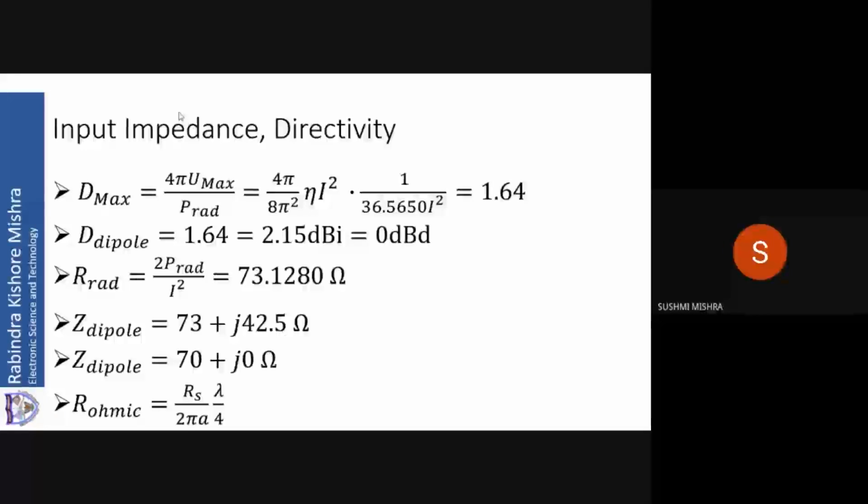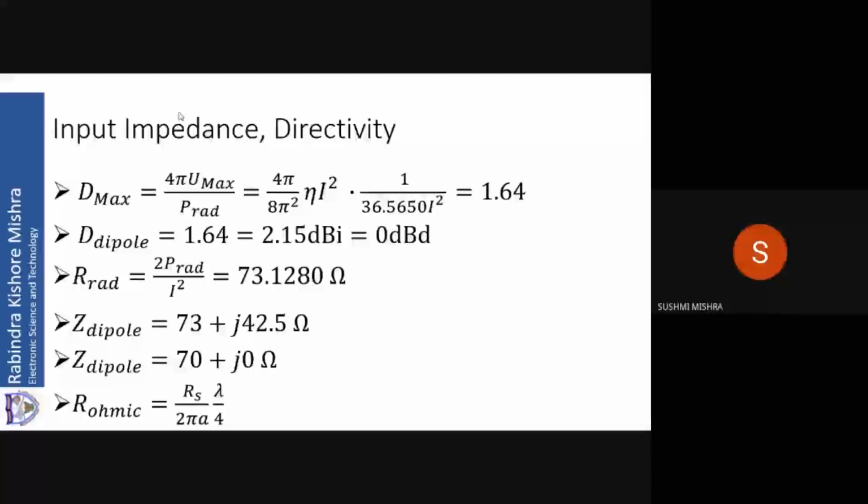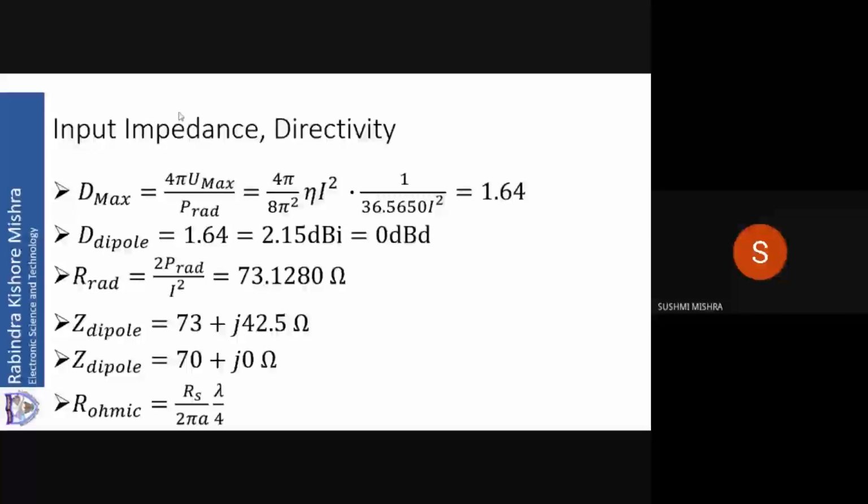So R ohmic is Rs. Rs is the resistivity or resistance of the material that you are using, whether you are using copper, gold, silver, etc. Depending on that, you will get Rs divided by 2 pi A. 2 pi A is the perimeter of the dipole.